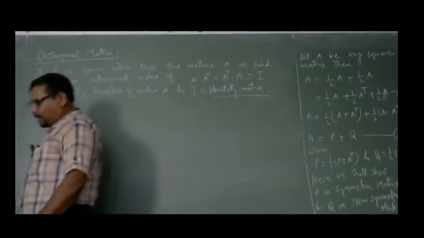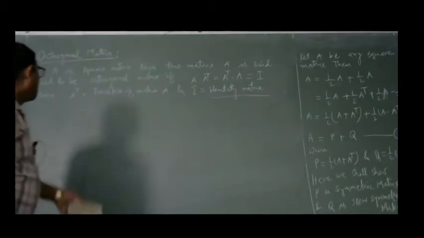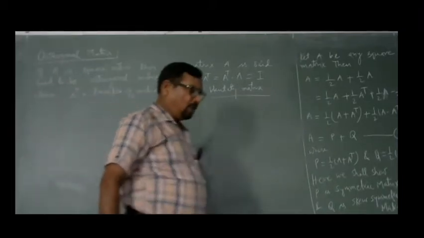If A is a square matrix, then A is said to be orthogonal if A into A transpose is equal to A transpose into A, and this is equal to I, where A to the power T is the transpose.